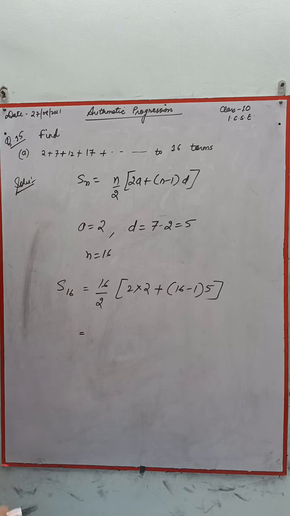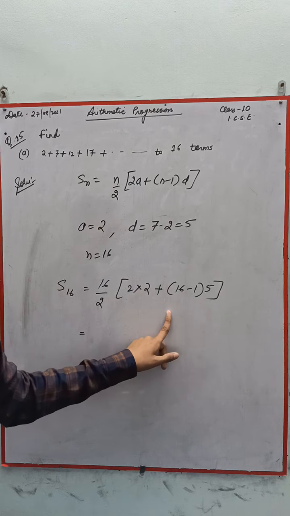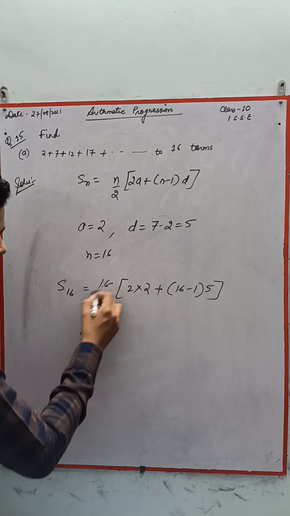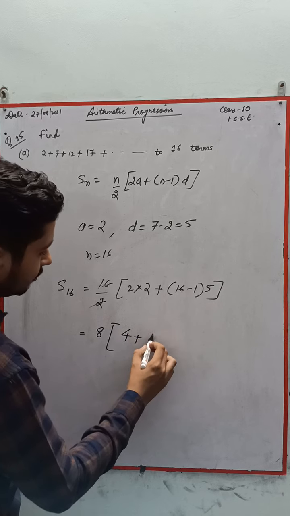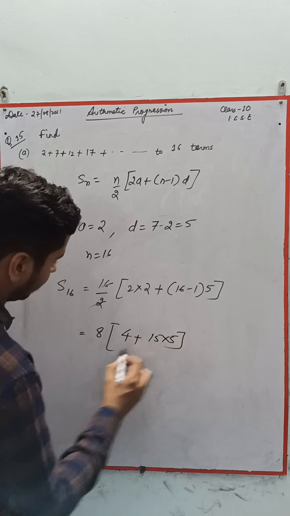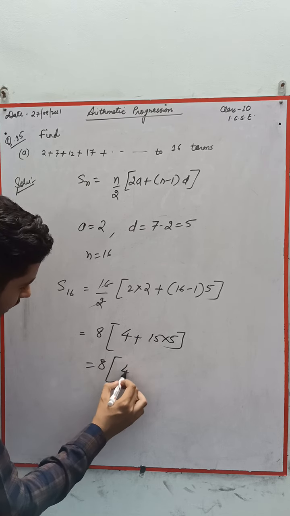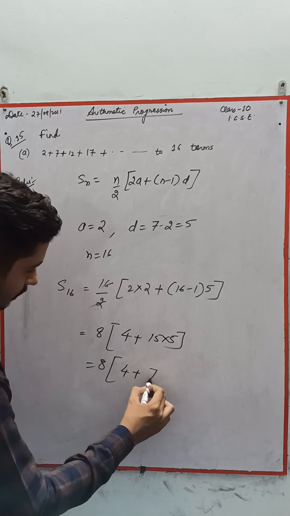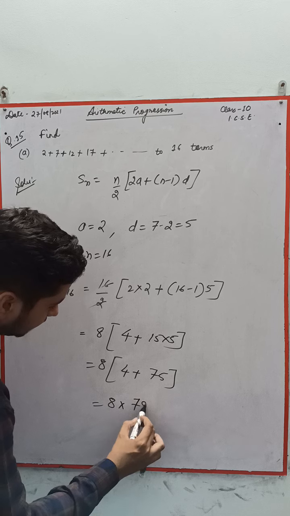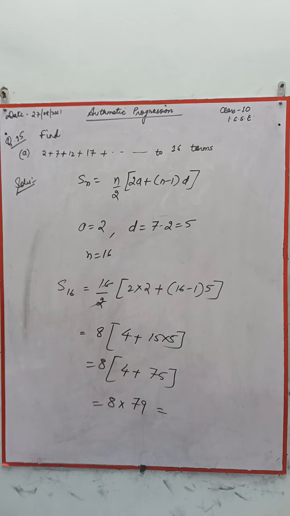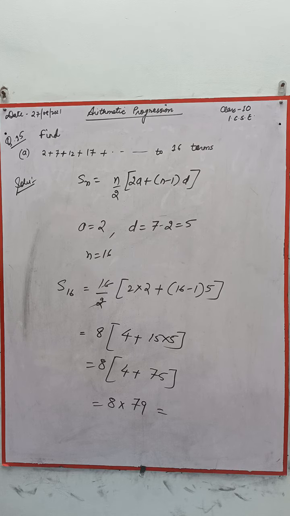Now this 2 with this 16 cancels, so 8, bracket 2 twos are 4 plus 15 into 5, that is 8 bracket 4 plus 75, 8 into 79, and on multiplying you will get the answer. Like this we have to do.